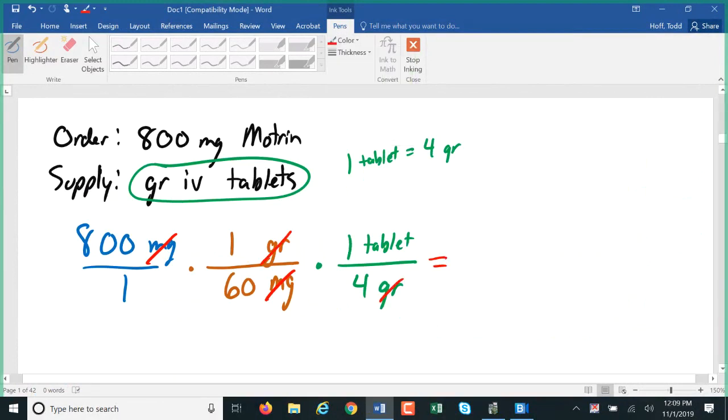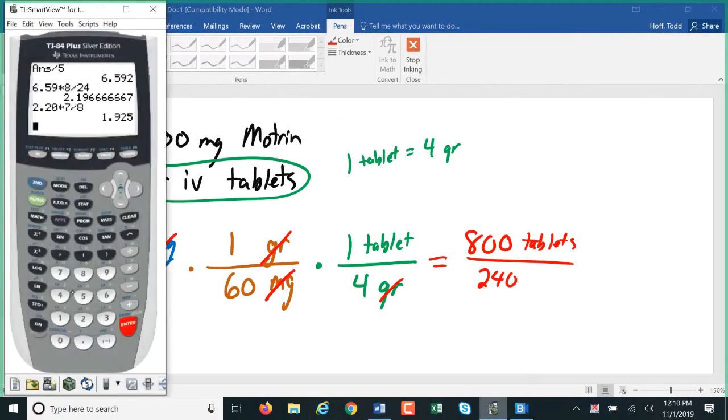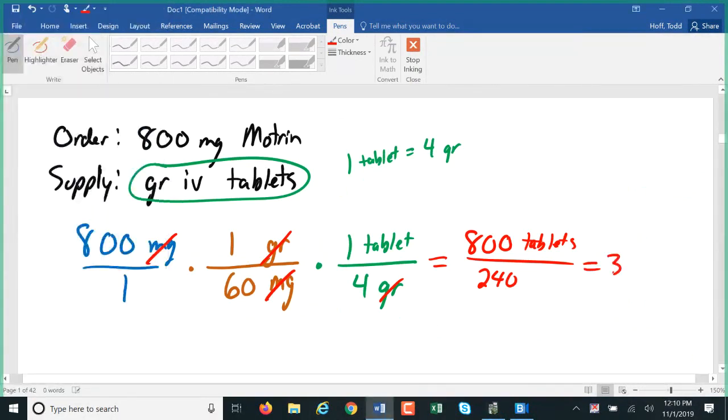Now we multiply 800 times 1 tablet, 800 tablets. On bottom, 1 times 60 times 4 is 240. We'll take the 800 divided by 240, 3.33, or 3 1/3 tablets.